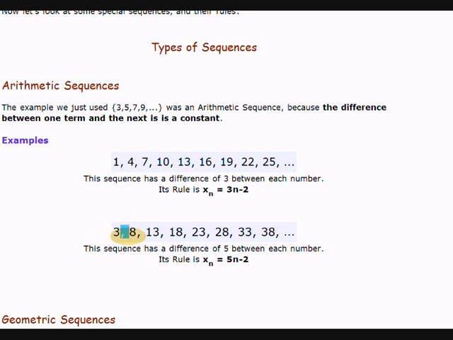For example, first position is 5 minus 2, so substituting 1 for n, we get 3. Okay, 2, it's 10 minus 2 is 8. Likewise, we can arrive at a formula and substitute the value for the terms. So this is constant for all the terms, so it is not varying. This rule applies to all the terms constantly.